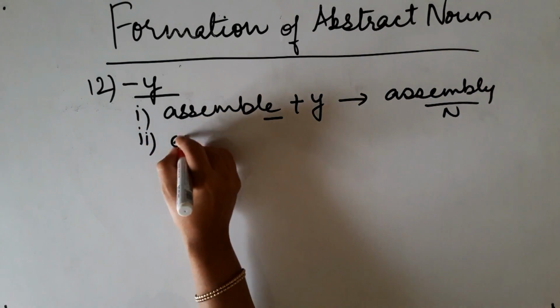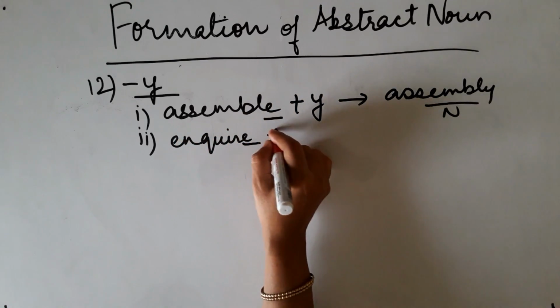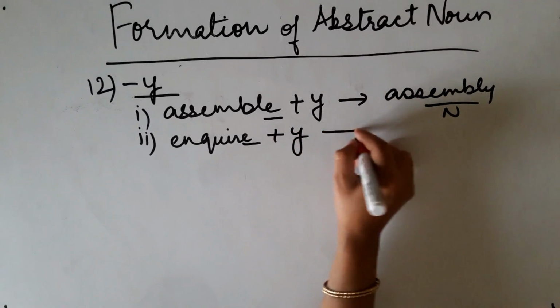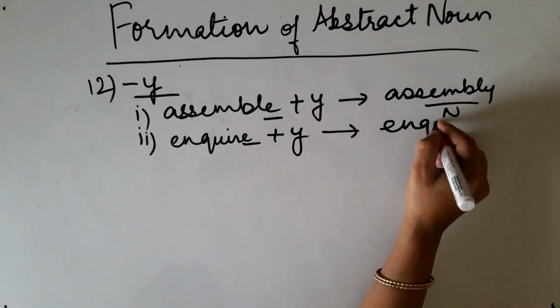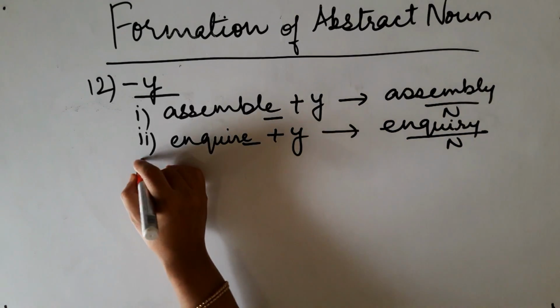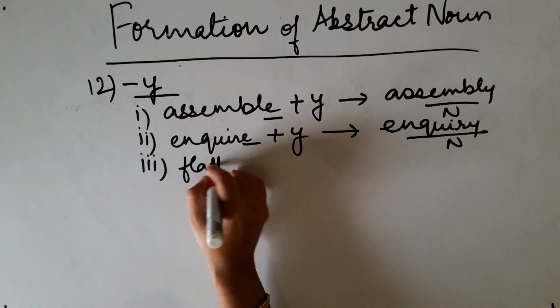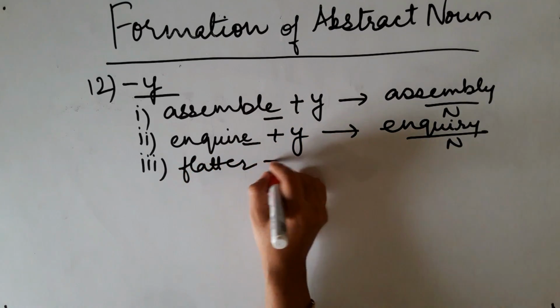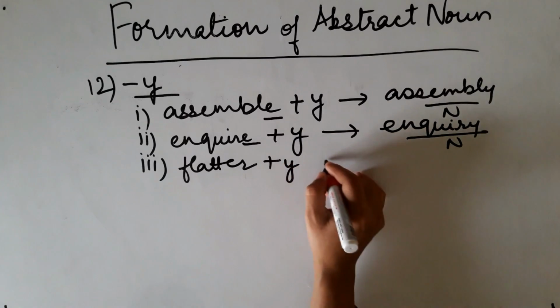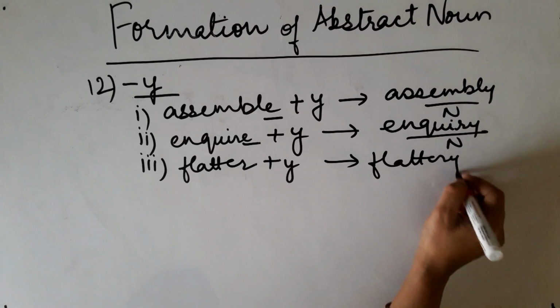I have another word, inquire. Again e is replaced by y and it becomes inquiry. Then we have another word, flatter. Here simply no replacement, simply by adding y it becomes a noun, flattery.